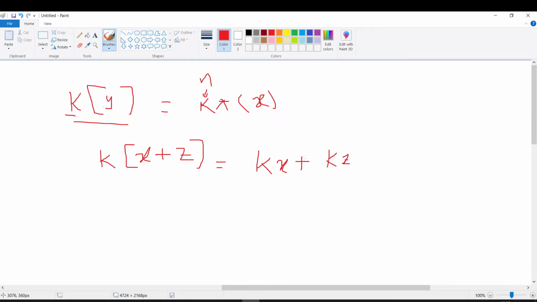Now as kz is the n value, if we do modulo n, this will be redundant. So the only thing that remains is kz modulo n. Nothing else. z can be anything.